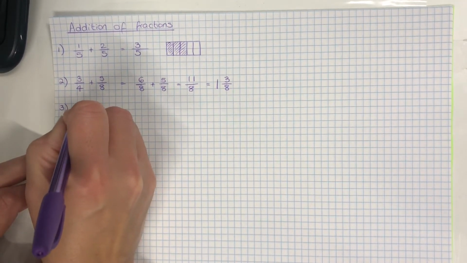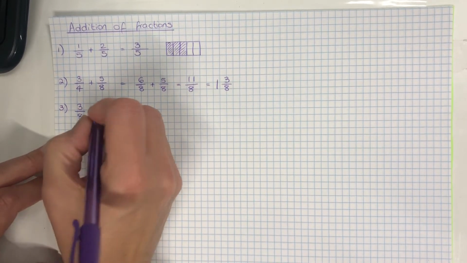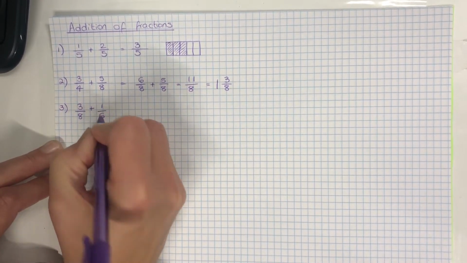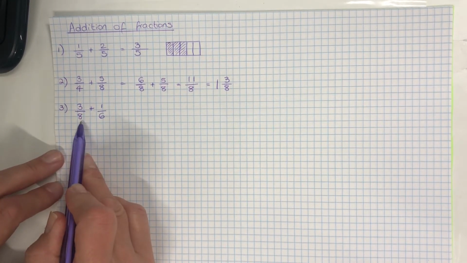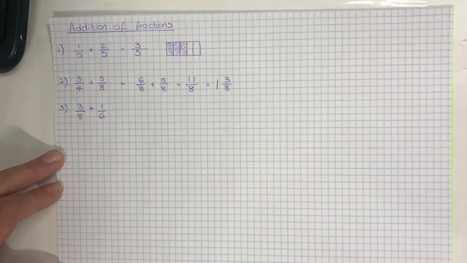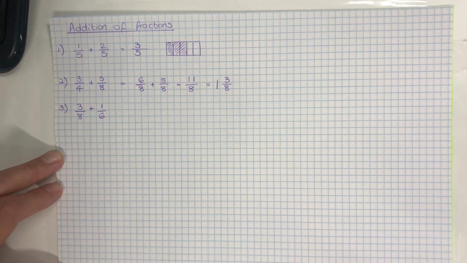Okay, I've now got 3/8, and I'm going to add 1/6. Now this time 6 is not a factor of 8, so I need to find a common denominator.